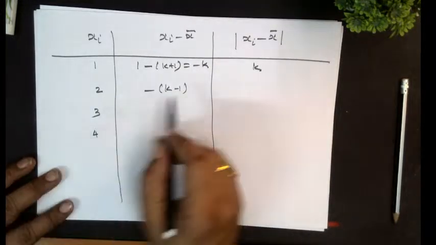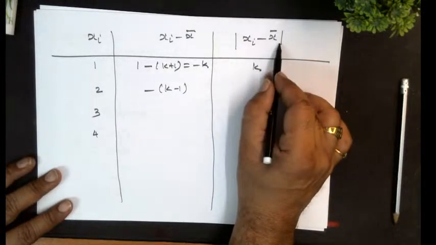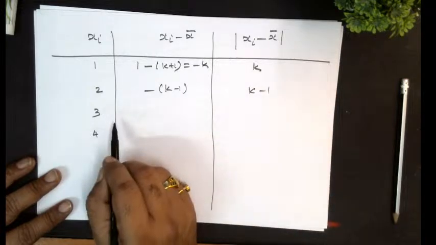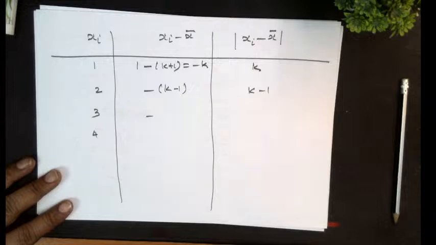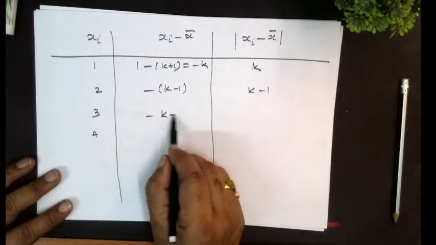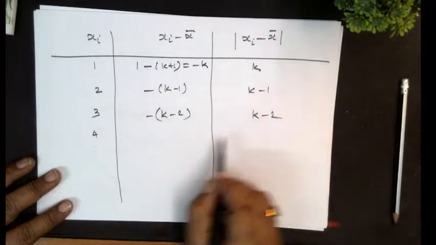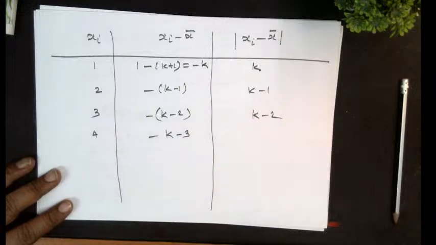So minus of K minus 1 means when you put it in the modulus, it becomes what? K minus 1 only. Okay, and similarly the next term will be minus of K minus 2. So it becomes K minus 2. Again minus of K minus 3.